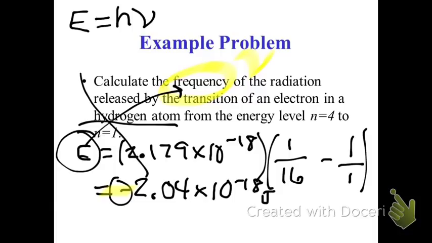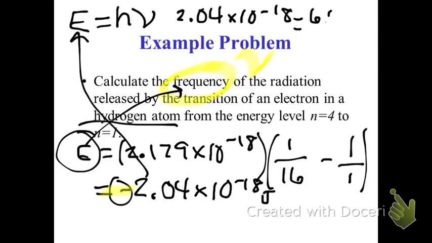But when you go to plug in your energy, you cannot leave it negative because what you will get is a negative frequency, which means you saw a negative number of waves in a given second. That can't happen. So you need to take the absolute value of what you got because it's theoretically impossible to have negative frequency.